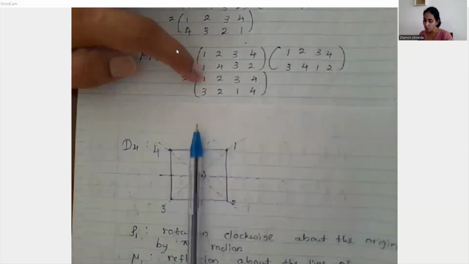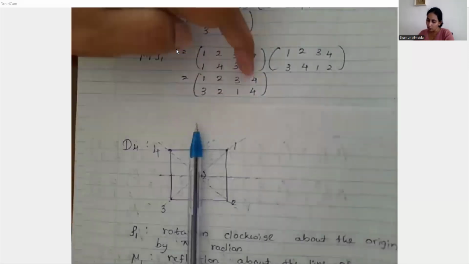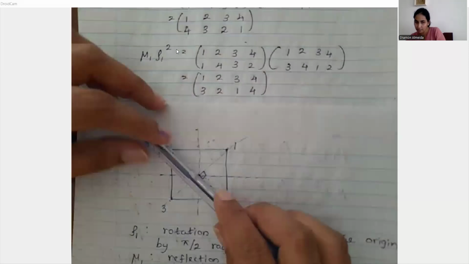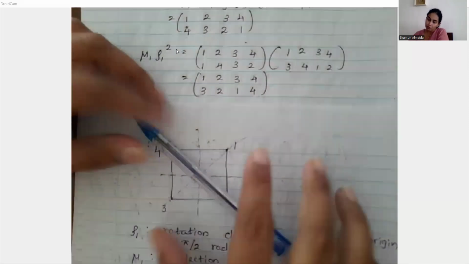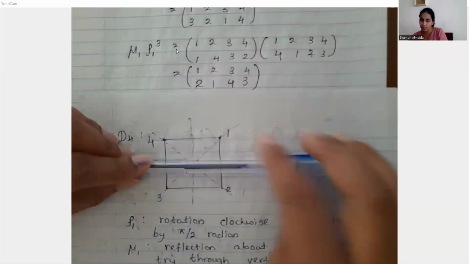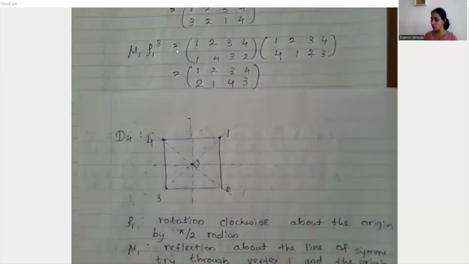If you come to this one, 2 is fixed, 4 is fixed. So obviously we are talking about reflection over this line, where 2 and 4 will be fixed, the other 2 will be swapped. Now, when you come to this last one, 1 and 2 have swapped, 3 and 4 have swapped. That means we are taking the reflection about this line. So those are all the elements. We have 8 elements altogether.